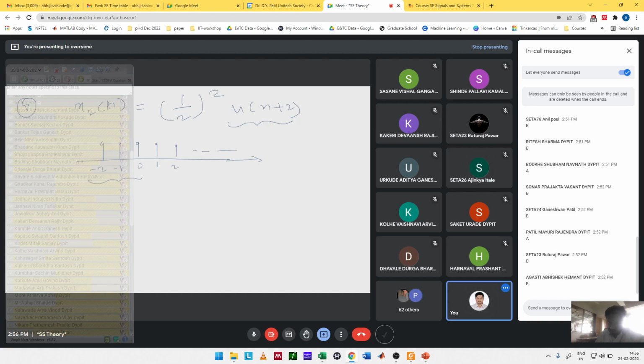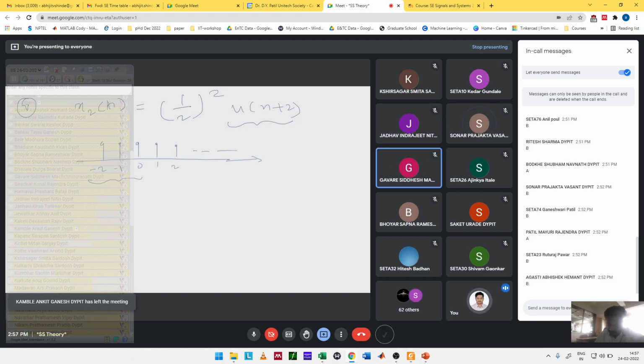Indrajit, present, sir. Sahil, Smita, present, sir. Shivam, present, sir. Chinmayi, Hitesh, present, sir. Sapna, present, sir. Siddesh, present, sir. Prajakta, present, sir. Chaitanya.